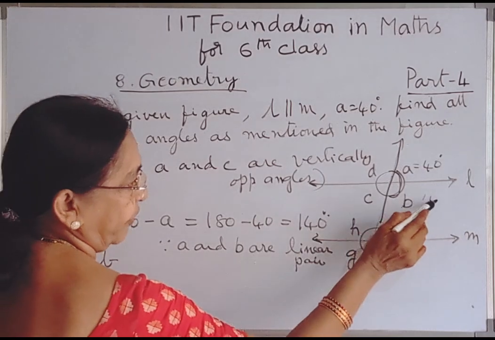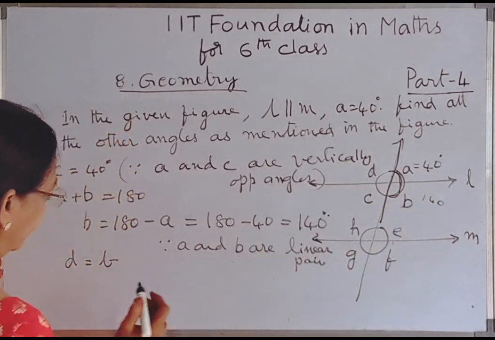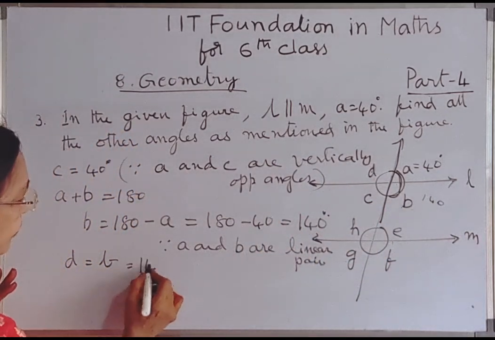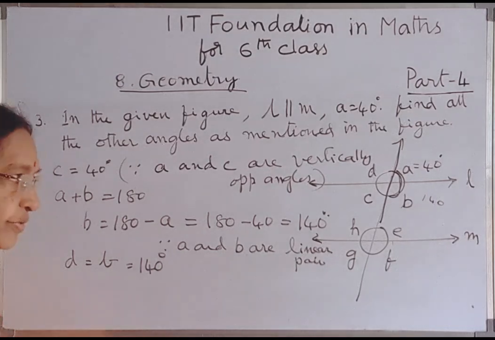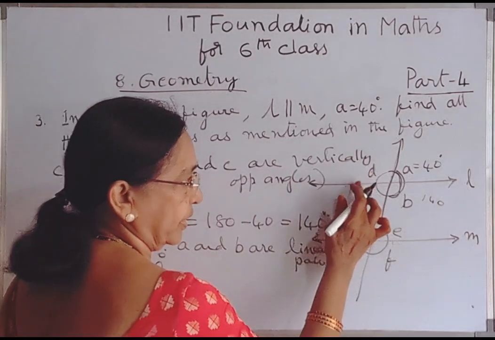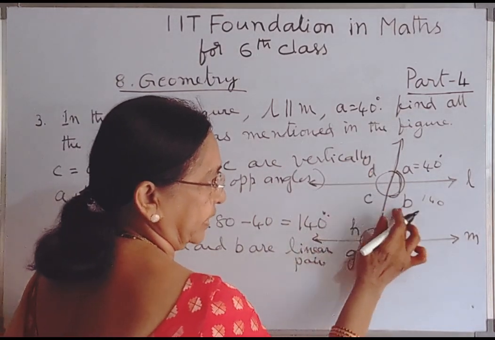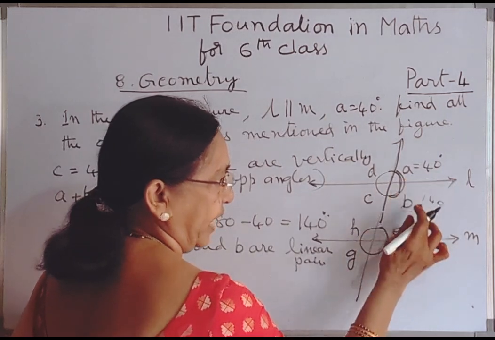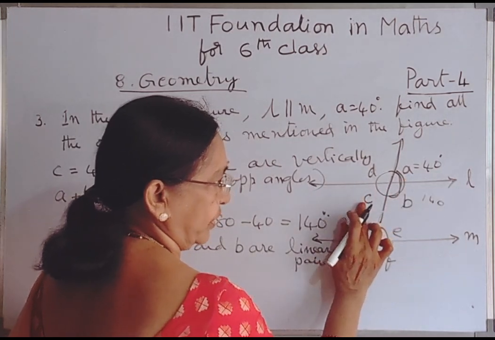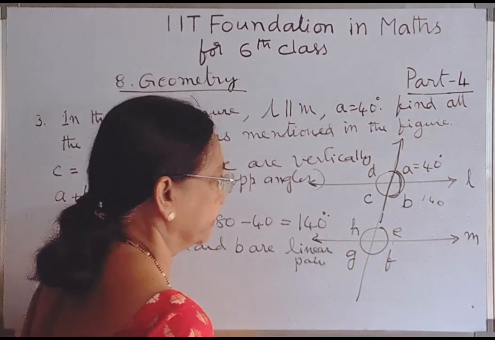As B is 140 degrees, D is also equal to 140 degrees. Therefore, for now we got all the other angles here, the three angles. A is given and B is 140, C is 40 and D is 140.